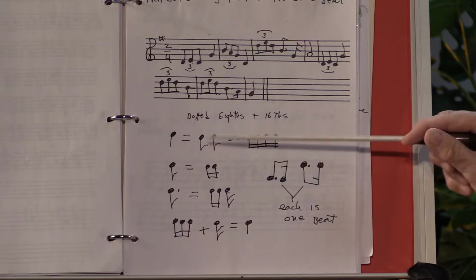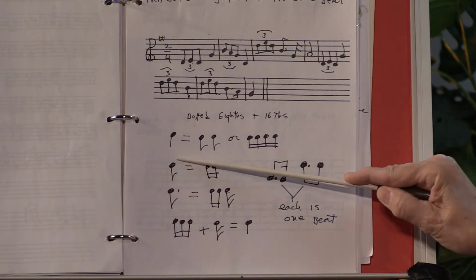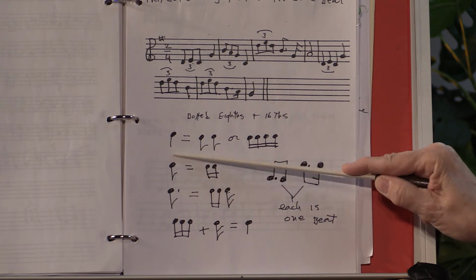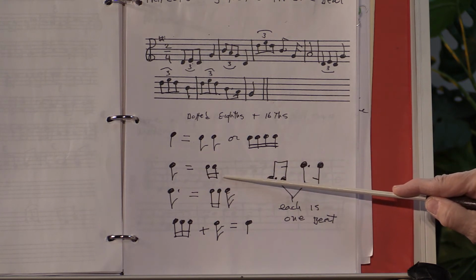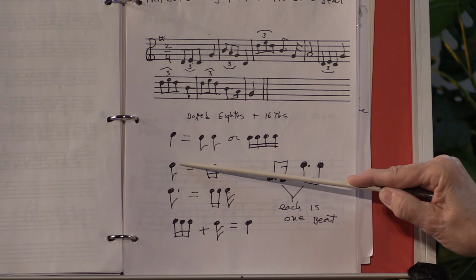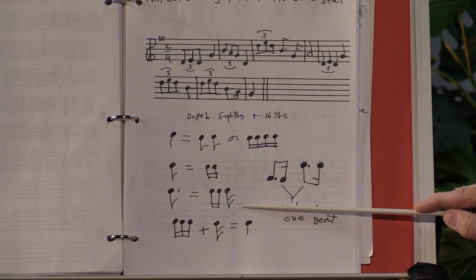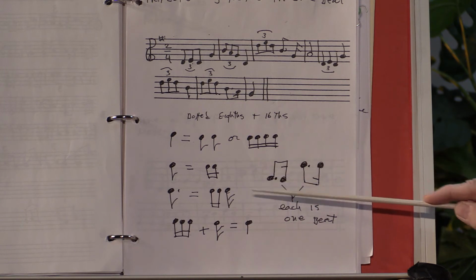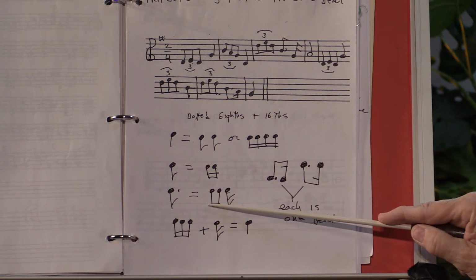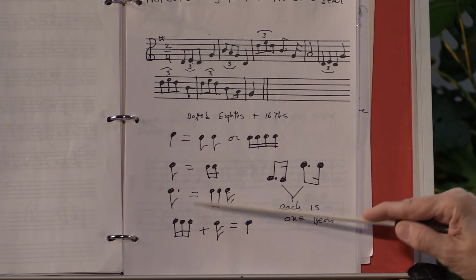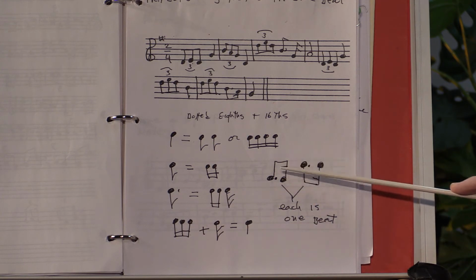So remember, let me just review. An eighth note split will give you 2 16ths. Add a dot to that, it'll give you 3 16ths, because the dot is worth half of the value of it. And you can put these 3 16ths together by a little sign like that.